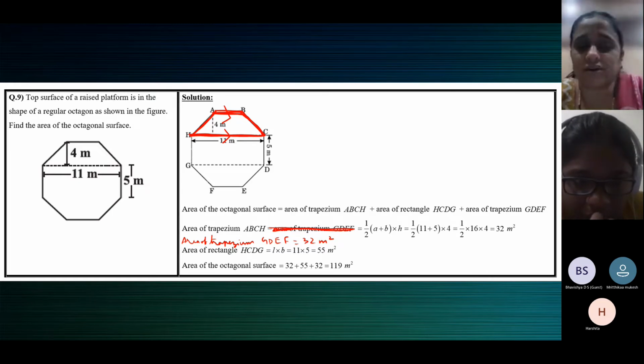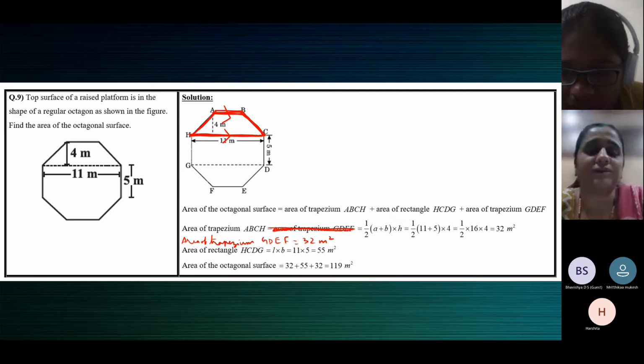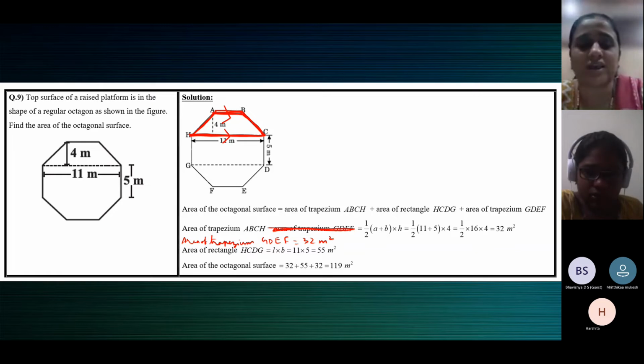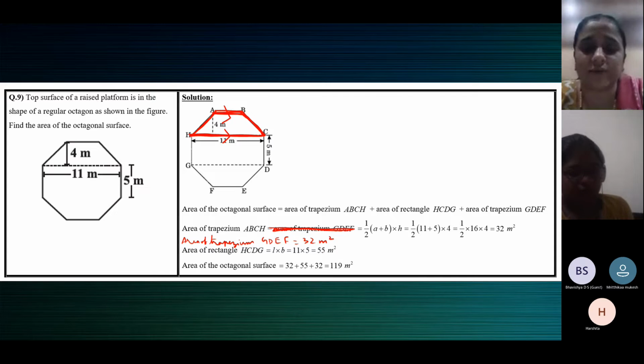It's a regular octagon, right? That means all the sides are equal. What is the side of the octagon? It's given, no? 5 meters. All the sides will be 5 because it's a regular octagon. So AB is the side of the octagon, so 5 meters.